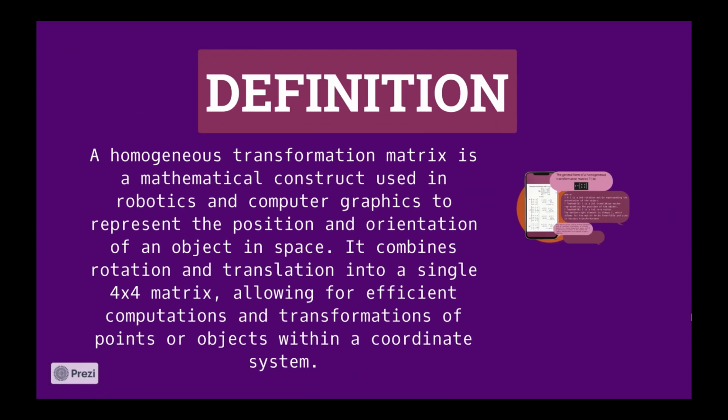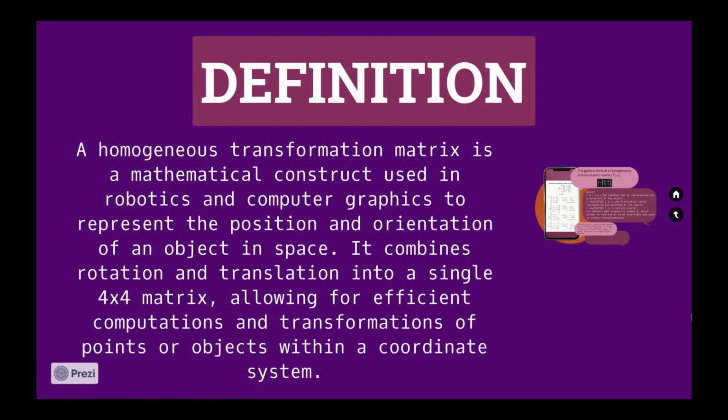A homogeneous transformation matrix is a mathematical construct used in robotics and computer graphics to represent the position and orientation of an object in space. It combines rotation and translation into a single 4x4 matrix, allowing for efficient computations and transformations of points or objects within a coordinate system.